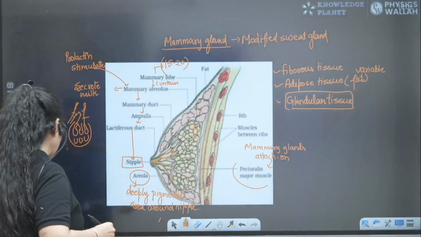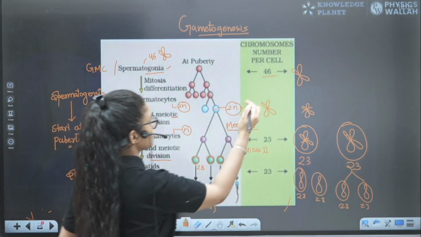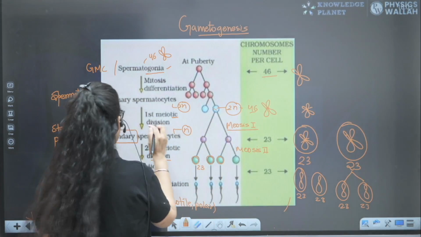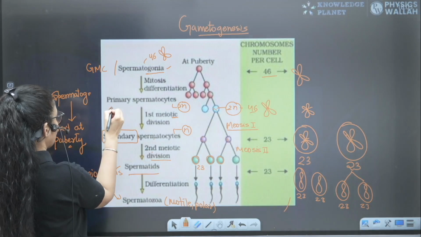I hope you are liking this and you are getting all the things nicely. This is how spermatogenesis looks.